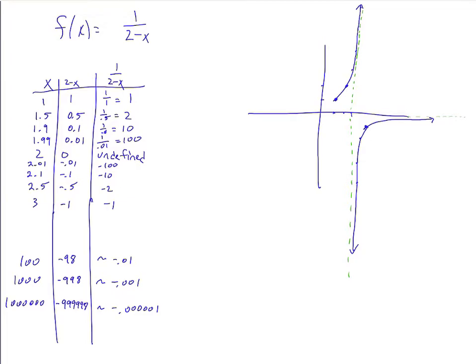And on the other side, you can guess what would happen on the other side. 2 minus negative a million is just a little bit more than a million. And so 1 over a million is about a millionth. So again, we're going to keep getting closer and closer and closer to 0, but on this side, everything's going to be just a little bit positive.